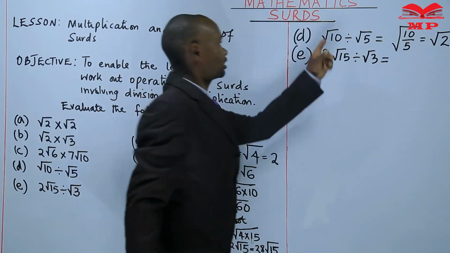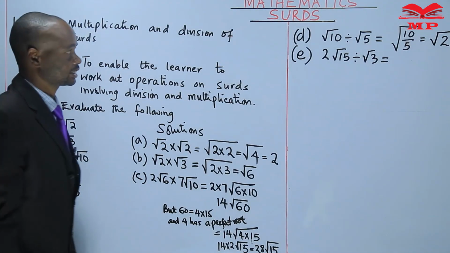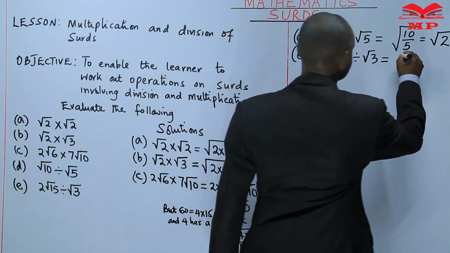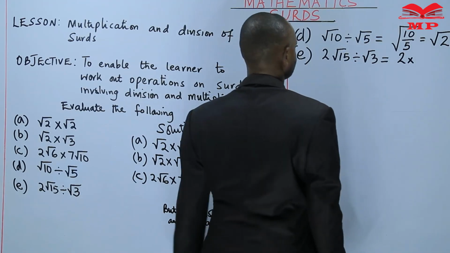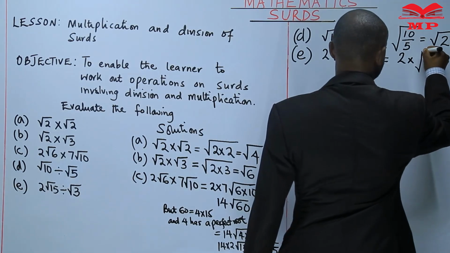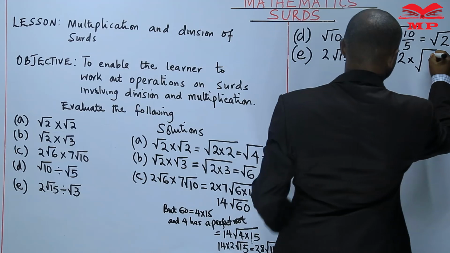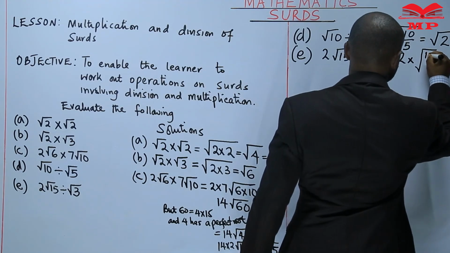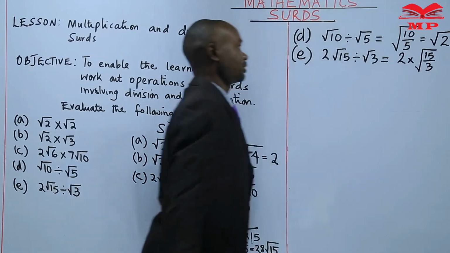So what happened in D will likely happen in E. It is the same as having 2 times, then you put a big square root sign, 15 divided by 3.